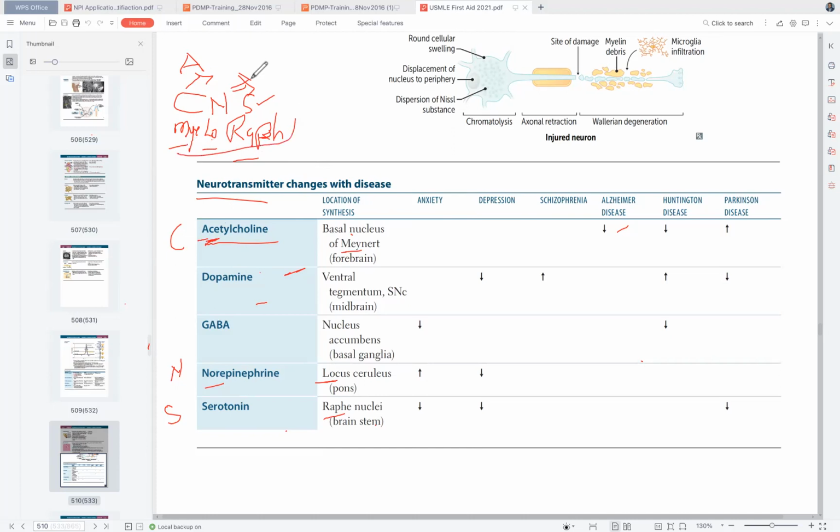Can you recite it for me? What about the other two? Which one? The GABA? So the dopamine and GABA, I did not include them in the mnemonic because I can promise you that the ones they love to ask the most are these three.